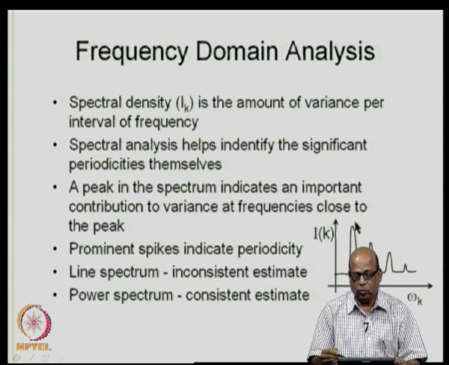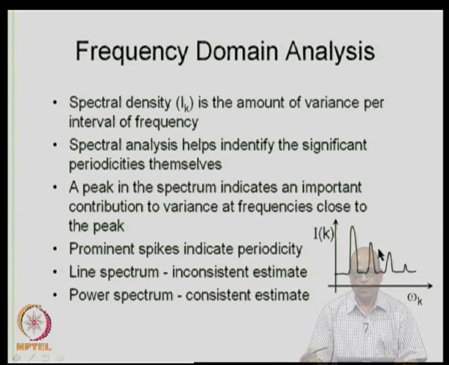So, the omega values that we get corresponding to these peaks correspond to the periodicities in the data. The line spectrum, as we introduced in the last lecture, is a statistically inconsistent estimate, whereas the power spectrum, or the smoother spectrum, which is shown here, is a statistically consistent estimate.